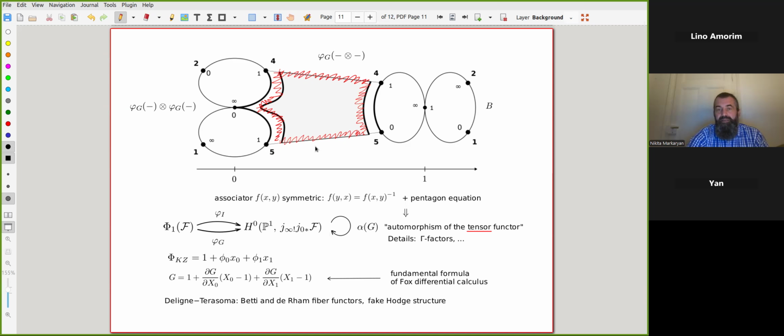And again, you can see it from looking at this picture thoroughly. As I tried to describe previously, you have some compatibilities, where this red line is our G. If it satisfies the pentagon equation, then you have some compatibilities.